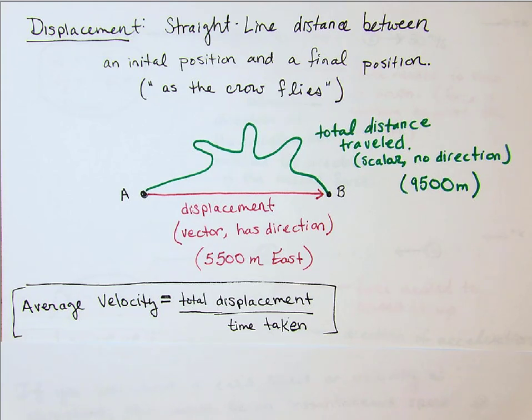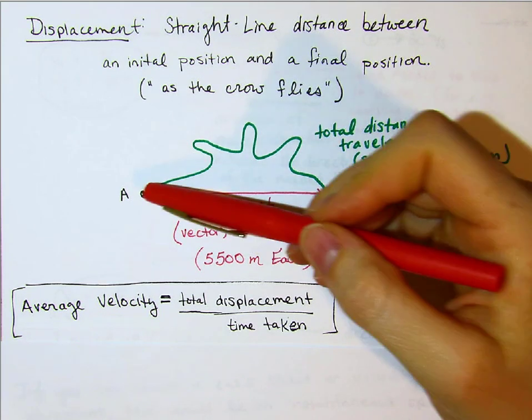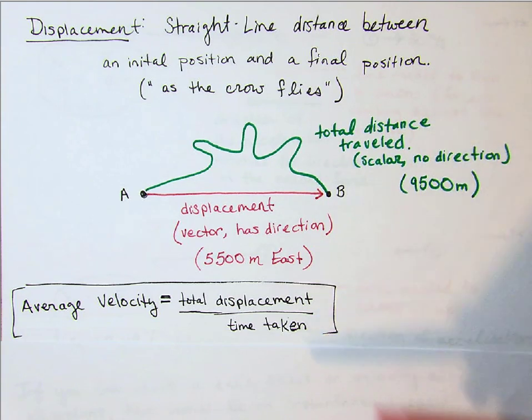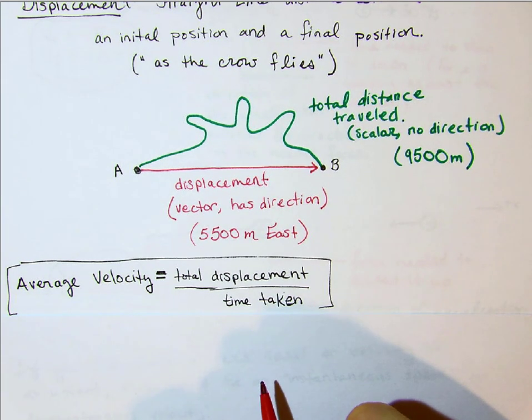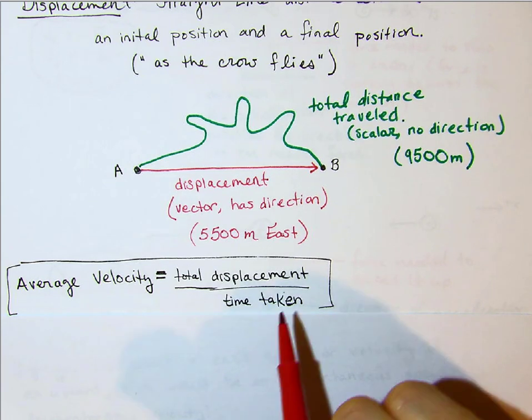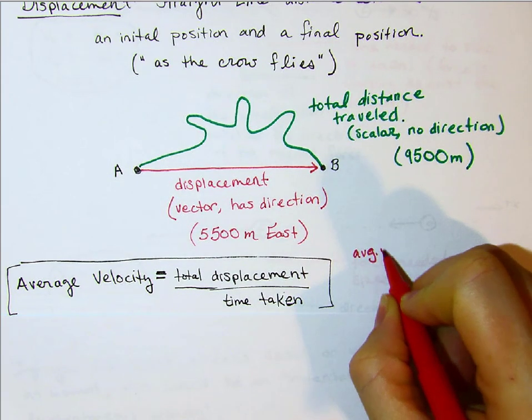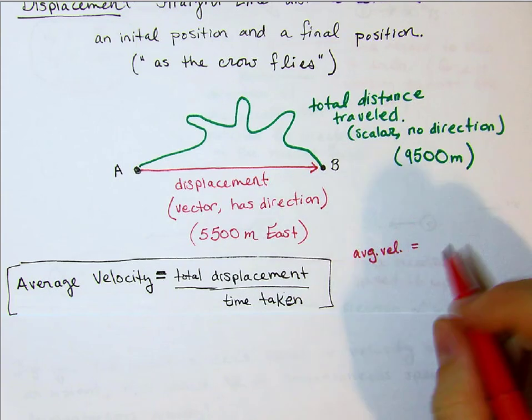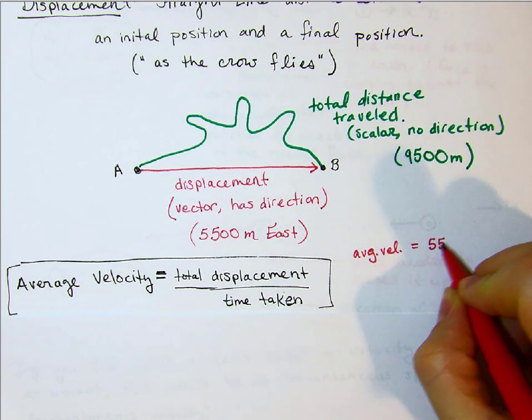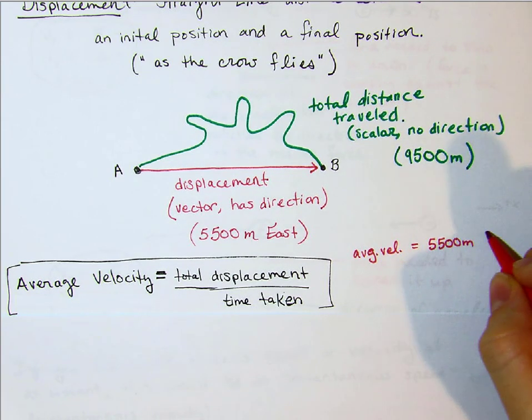The average velocity is defined as your total displacement, so that's this red arrow right here, divided by the time taken. Let's quickly calculate the average velocity for this, and let's pretend that this took 100 seconds to go from A to B. So then your average velocity would be equal to your total displacement, 5,500 meters east.